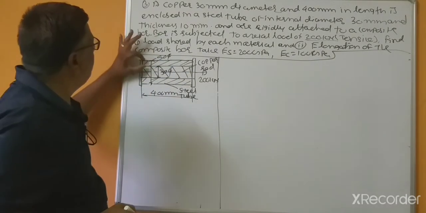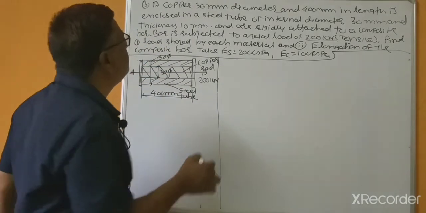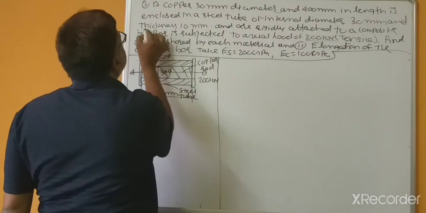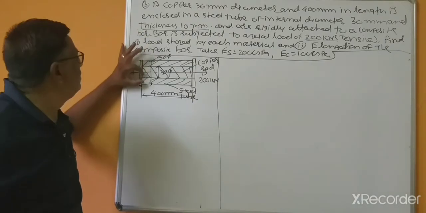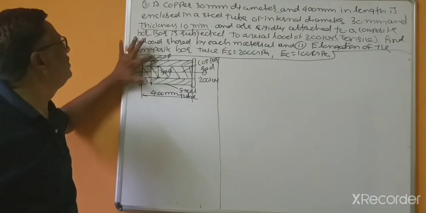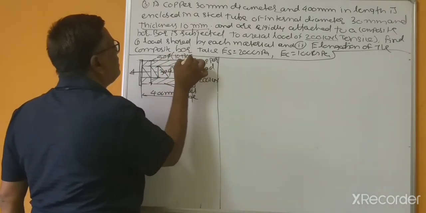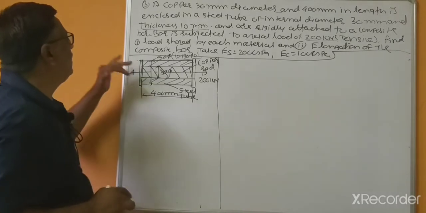Why is this 50 mm? Because this thickness is given as 10 mm: 10 plus 30 plus 10, this is 50. Now you can understand better.